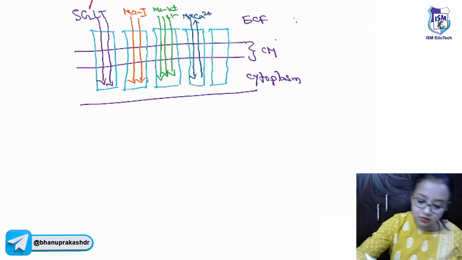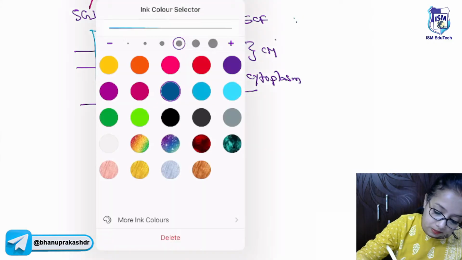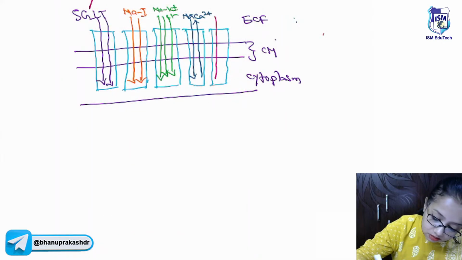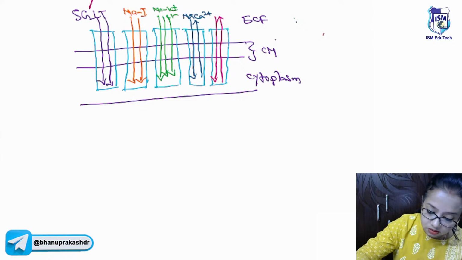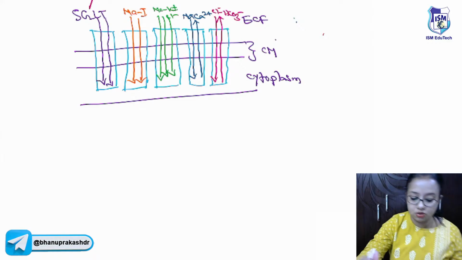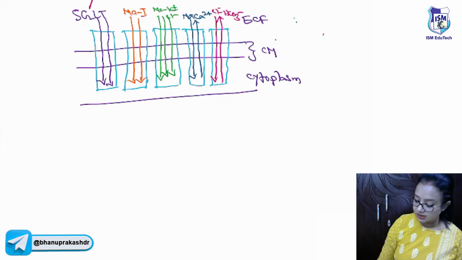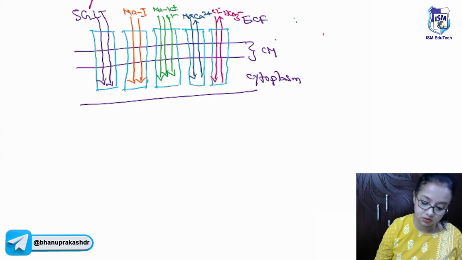Sodium calcium exchangers. Then we also have this anion exchanger, chloride going in and bicarbonate going out. So here you see, these are the various types of the secondary active transport system. Okay.